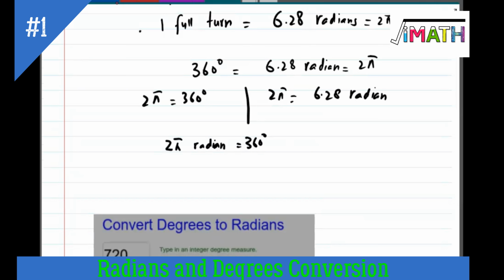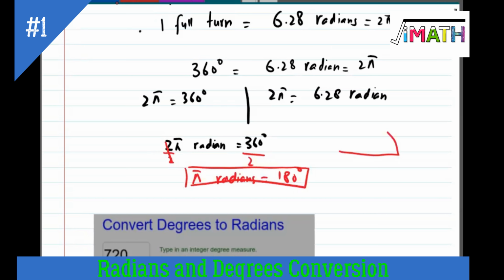And if we want to work on it, we can divide by 2, that equals pi radians equals 180. Are we good here? Yes. So 180. We're talking about the semicircle here, that is 180 degrees, that equals pi radians.